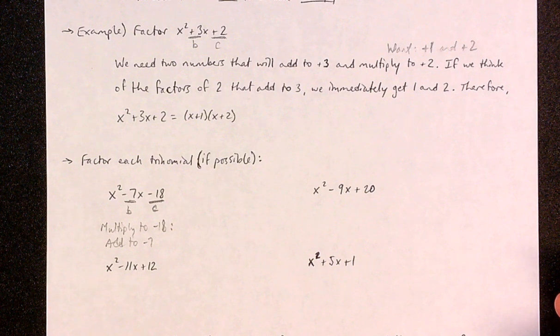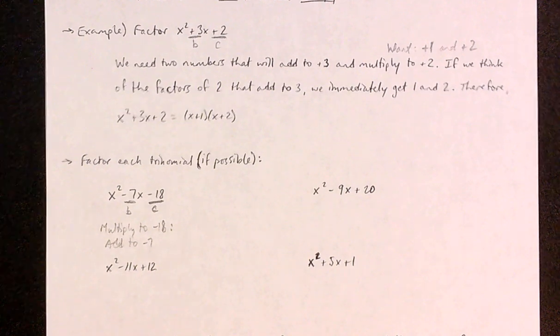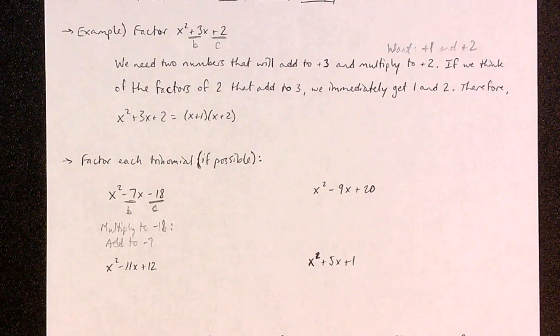I have positive 1 and negative 18. Those multiply out to negative 18, but do they add up to negative 7? No, they don't. Okay, I have negative 2 and positive 9. Those multiply to negative 18. Do they add up to negative 7? No, they add up to positive 7, so we're close, but not quite there.